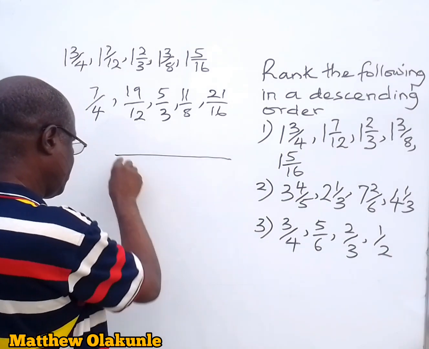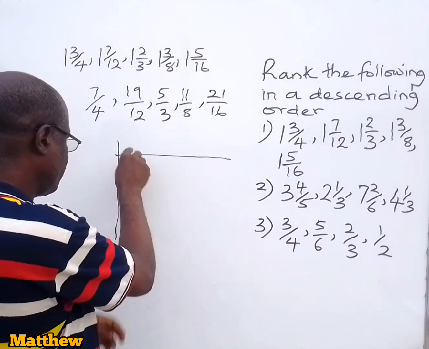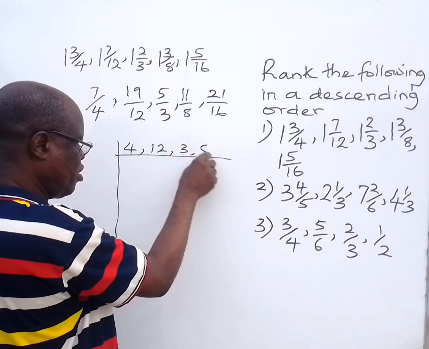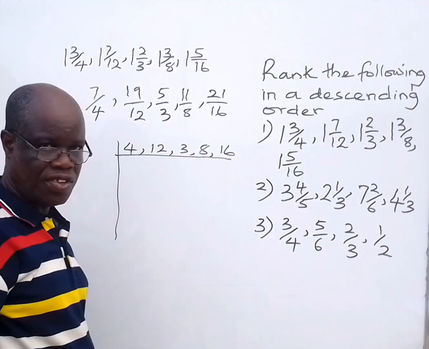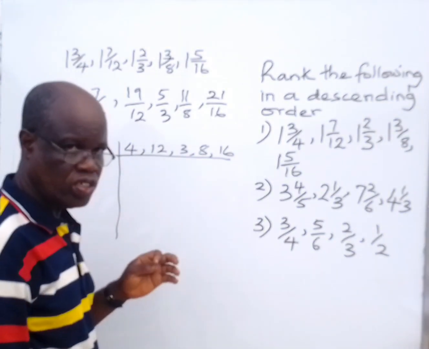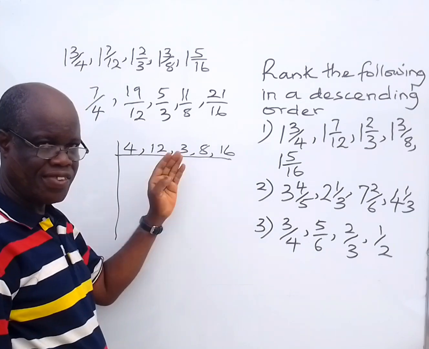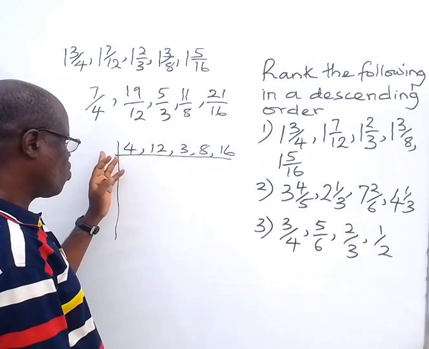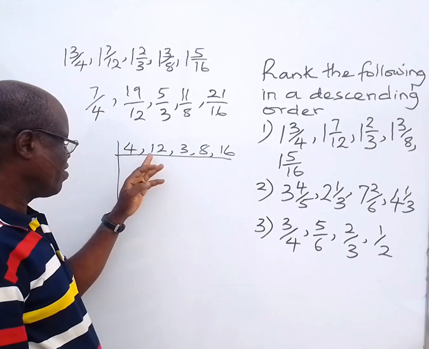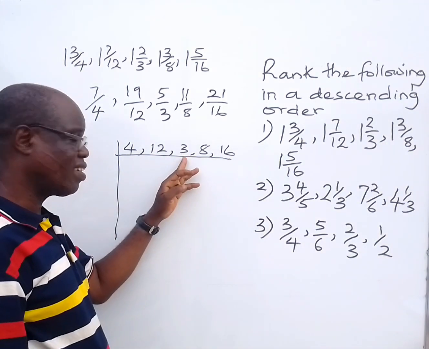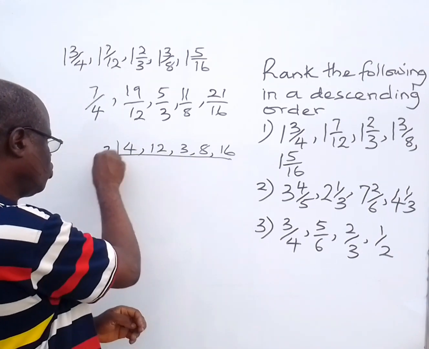So let's write 4, 12, 3, 8, and 16. Now, you look for the least prime number that can go in them exactly. So 2 can go in 4 exactly, the same thing in 12, 8, and 16, but cannot go exactly in 3. So you put your 2 here.